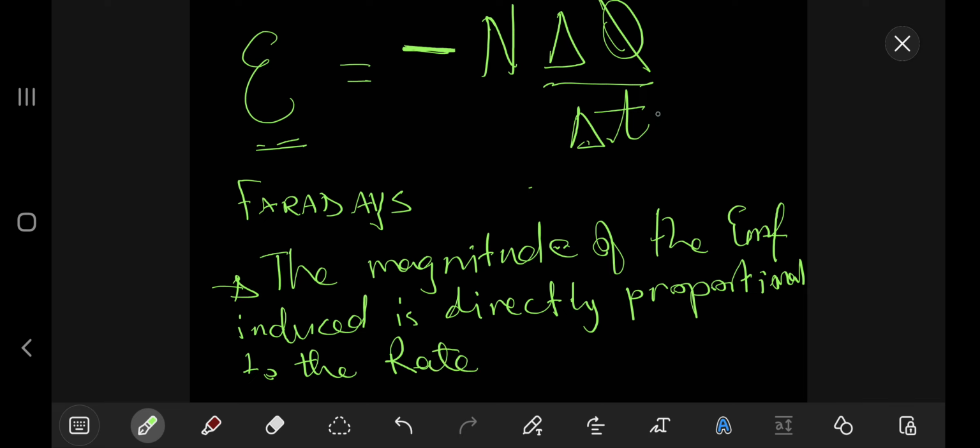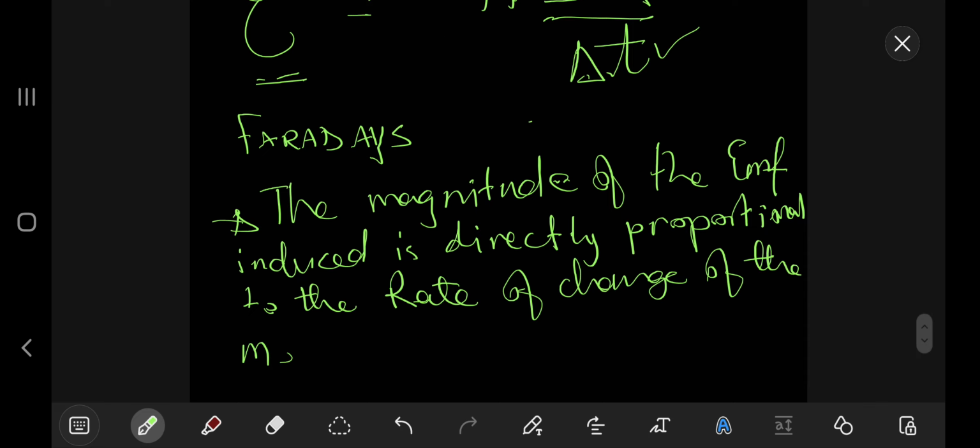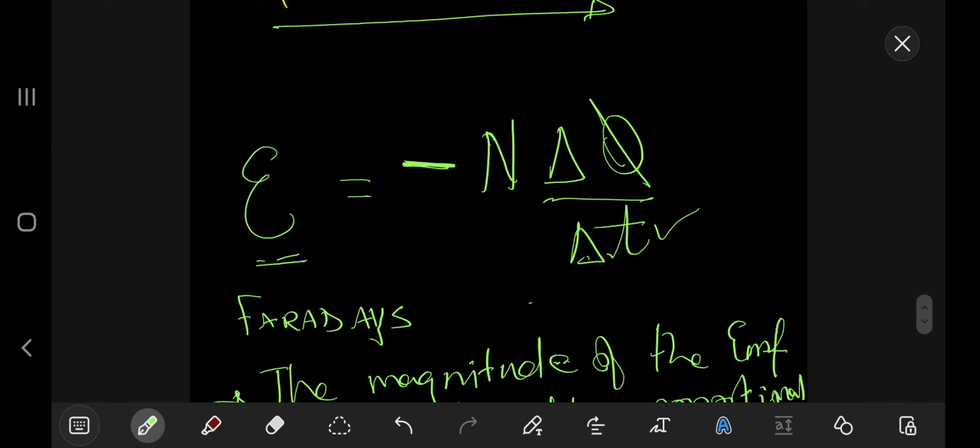Why is it rate? It's because it's not just delta t, it is the rate of change of the magnetic flux linkage, because this flux linkage is really changing.